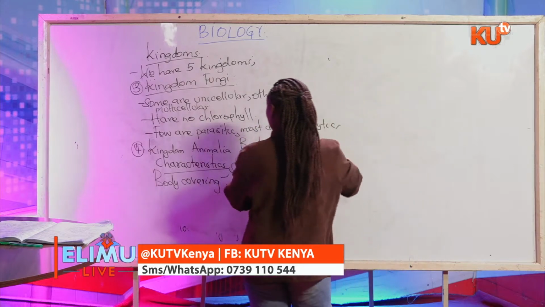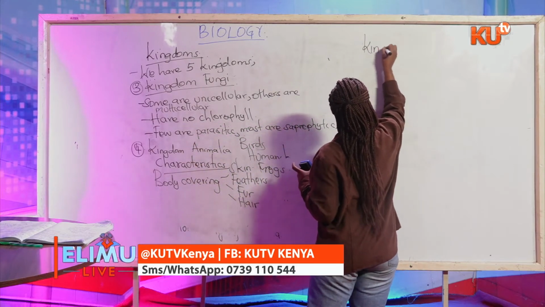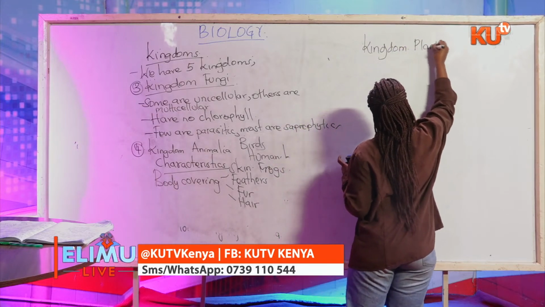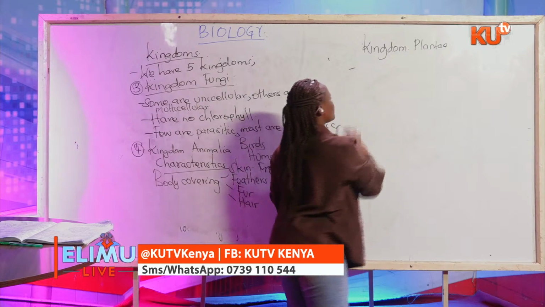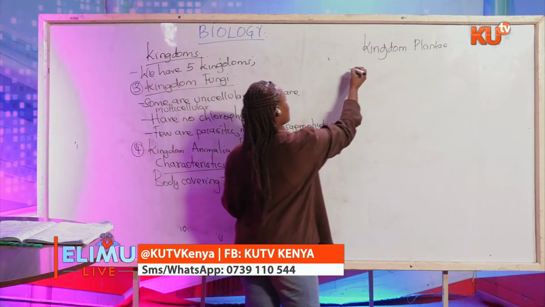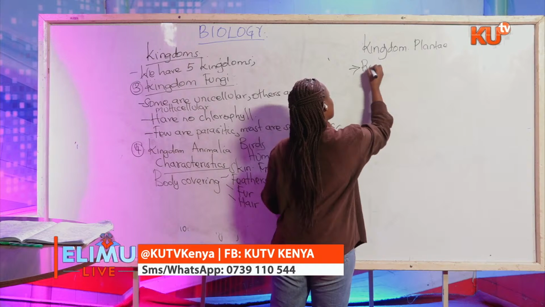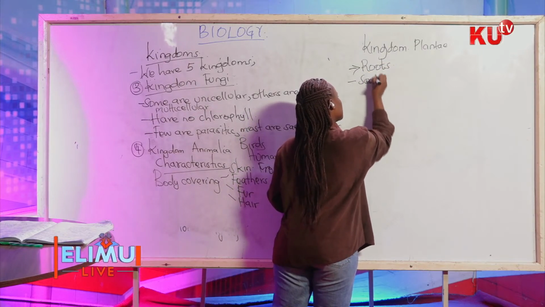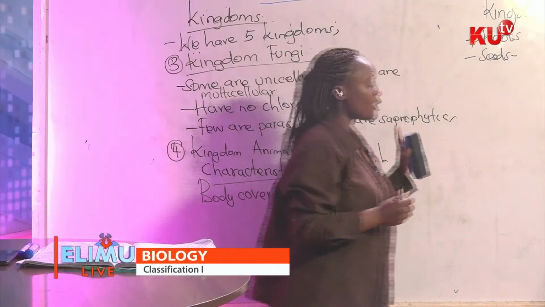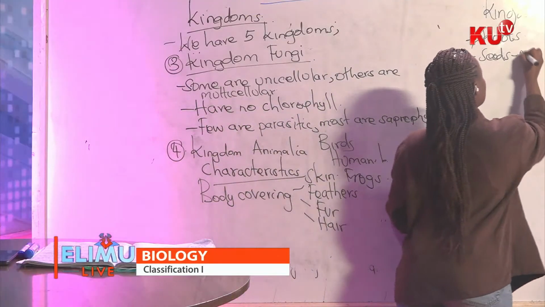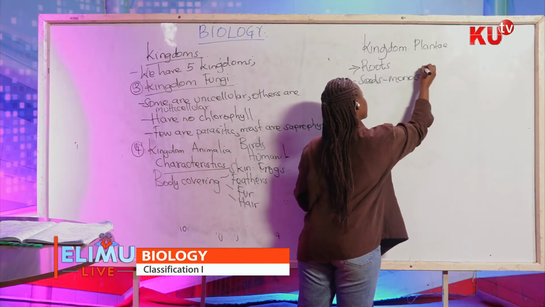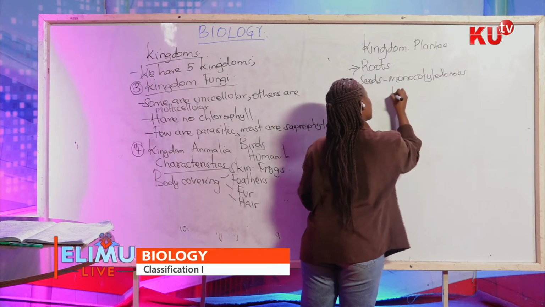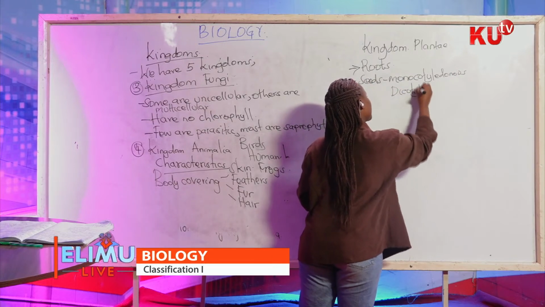We have kingdom Plantae. We have the characteristics, which we have the roots. They look at the seeds that can be either monocotyledonous or dicotyledonous.